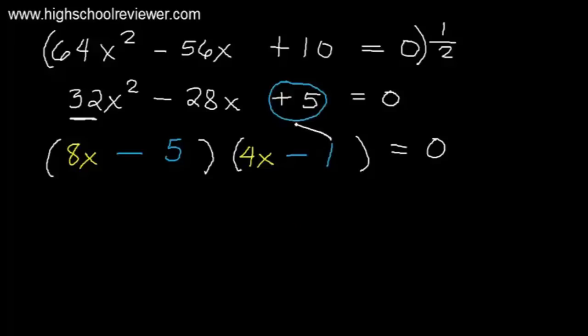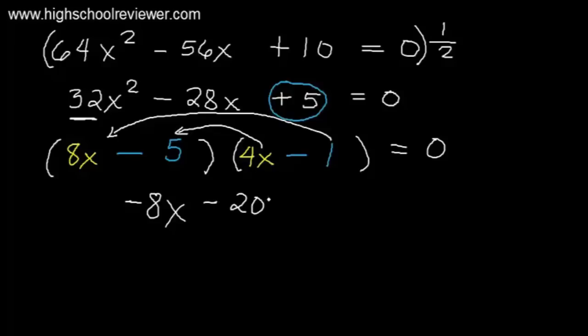Okay, so we are going to get the product of the outside terms. 8x multiplied by negative 1 will be negative 8x. And then 4x multiplied by negative 5, that is negative 20x. Now, negative 8x minus 20x is negative 28x. Therefore, this is the same as our second term, so these factors are correct. They are the ones that we are going to use. So we can now erase this.